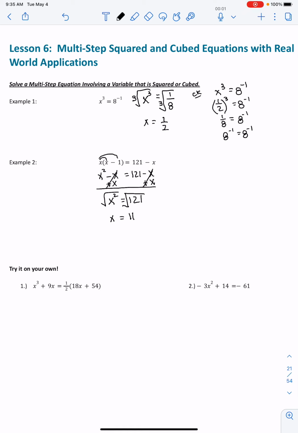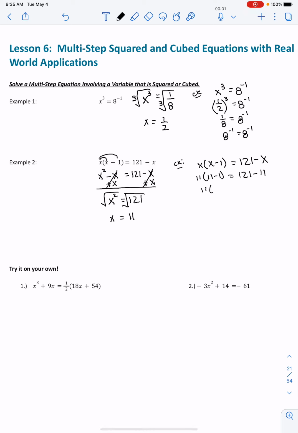So now remember though, when I go to check it, I have to go back to the original equation. So I have x times x minus 1 equals 121 minus x. I replace, so I have 11 times 11 minus 1 equals 121 minus 11. So 11 minus 1 is 10.